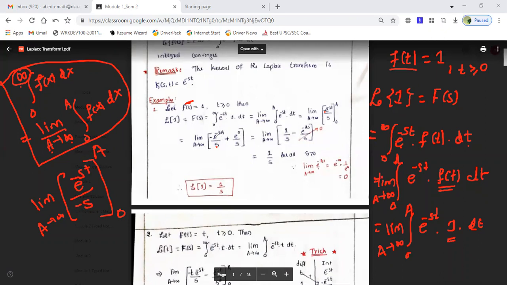Here, guys, if you see, it is minus e to the power minus sa divided by s. If I apply the limit a tends to infinity here, this is e to the power minus infinity. E to the power minus infinity is nothing but 1 upon infinity. 1 upon infinity is 0. That implies this complete term will become 0 after applying a to infinity.